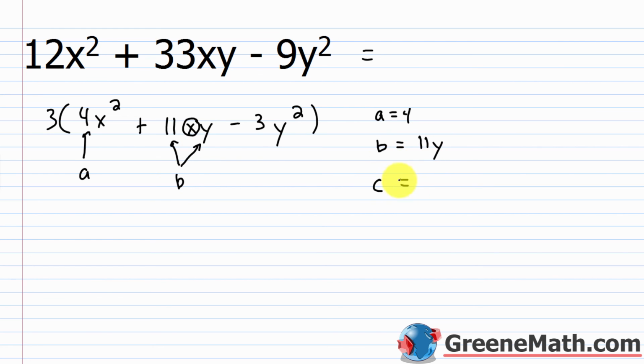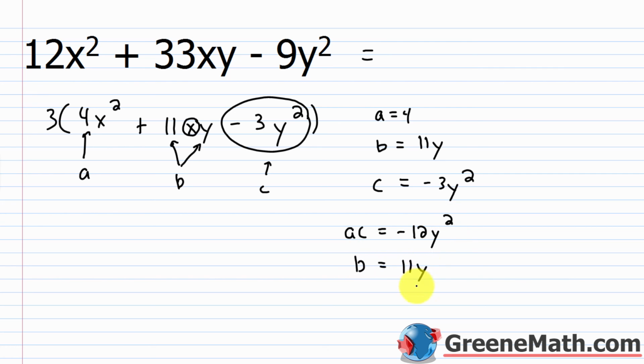And then C is what? It's this whole thing here, this negative 3y squared. So if I want A times C, I would do 4 times negative 3y squared. So AC is negative 12y squared. And then B is 11y.